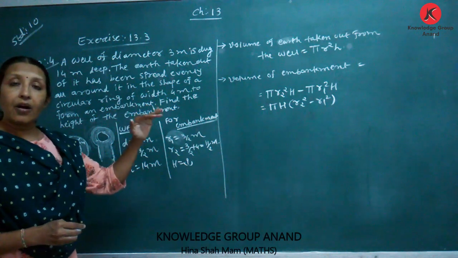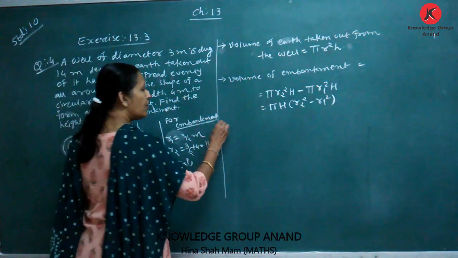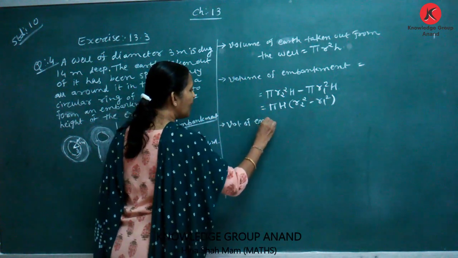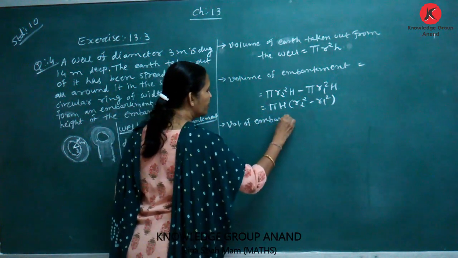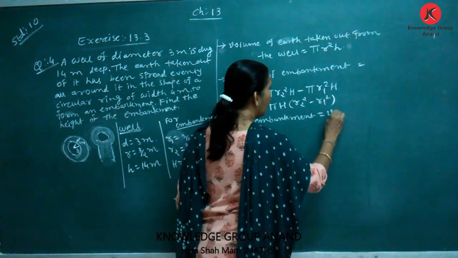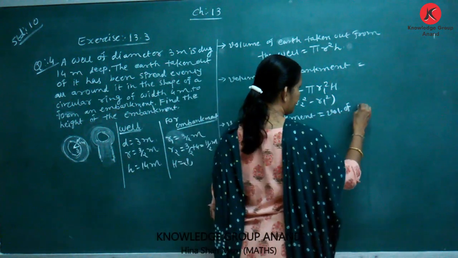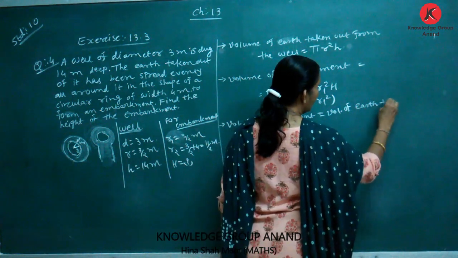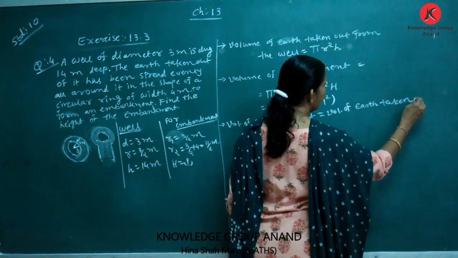Now putting all the terms, the volume of the embankment is equal to the volume of earth taken out from the well.